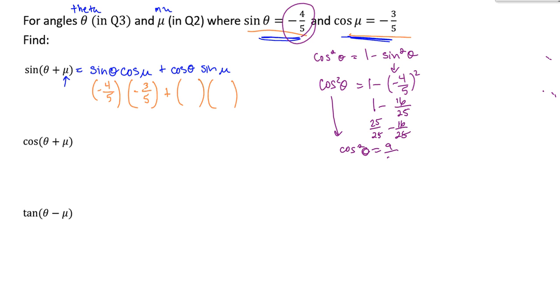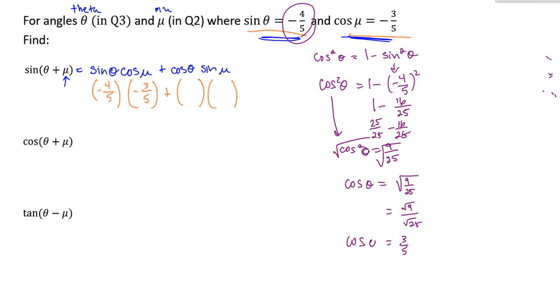Square root, sorry, making it prettier, it's still not very pretty. So cosine of theta equals the square root of 9/25, which is the square root of 9 over the square root of 25, which is 3/5.